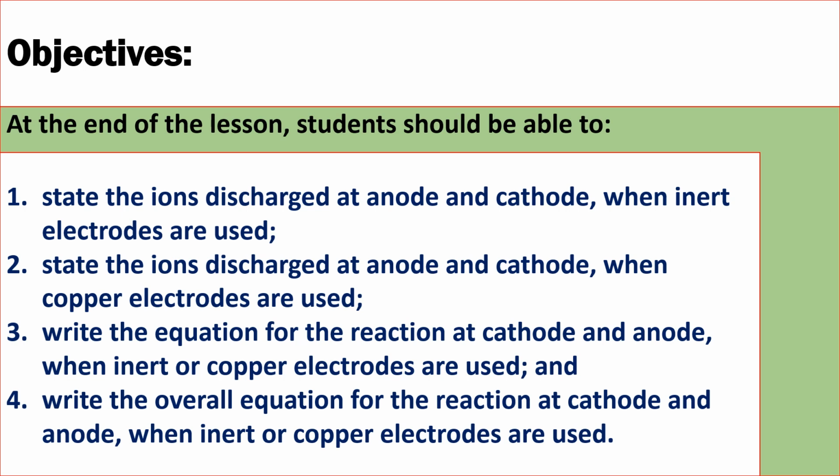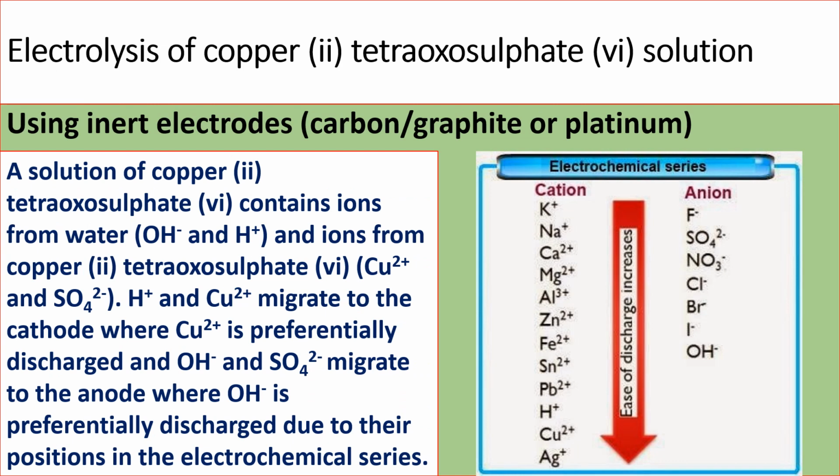And lastly, you should be able to write the overall equation for the reaction at the cathode and at the anode when inert or copper electrodes are used for the electrolysis of copper(II) tetraoxosulfate(VI).